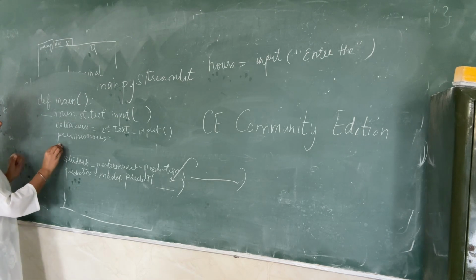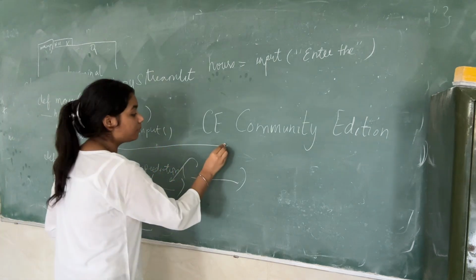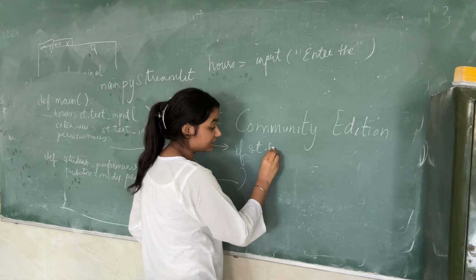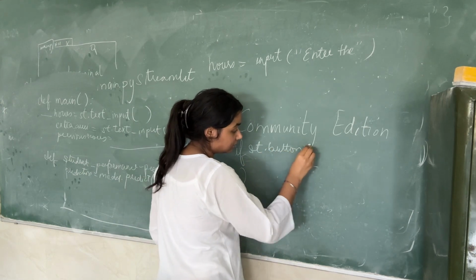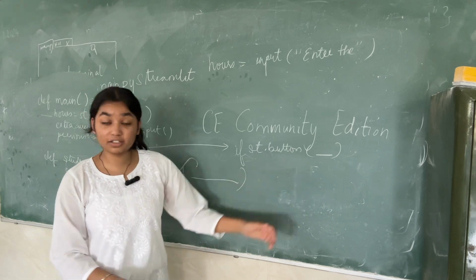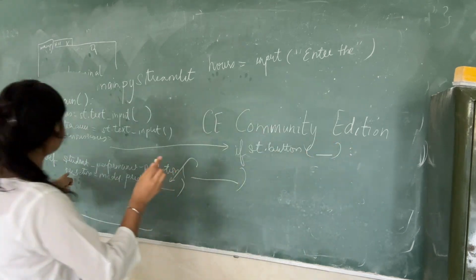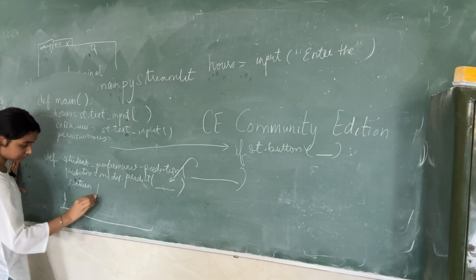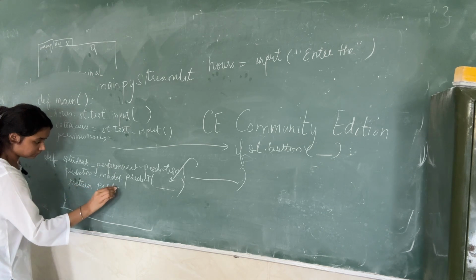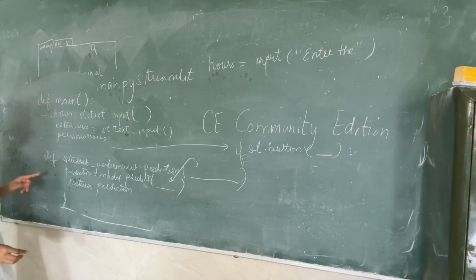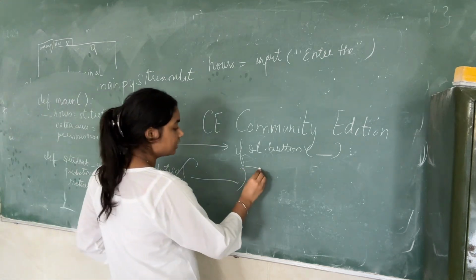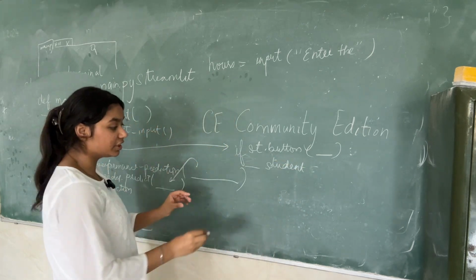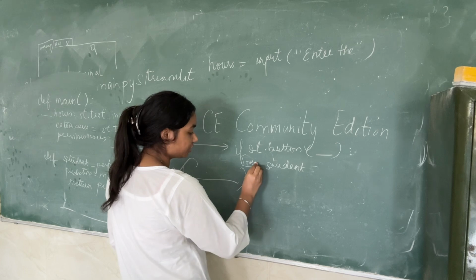Inside this, there's probably a different block for if st.button is pressed. If this button is pressed, then you will call this function, student performance prediction, and you will store the value that you get in a result variable.